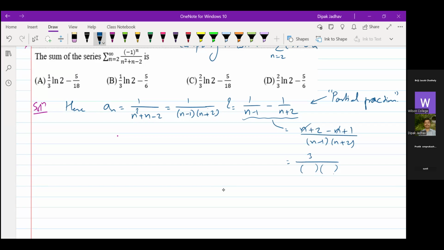So there is some extra factor 3 coming in the numerator. How will you adjust that? We will divide by 3. When you divide by 3 throughout, you have the required expression 1 upon n minus 1 into n plus 2. Okay, this is the process of partial fraction. All of you see this.